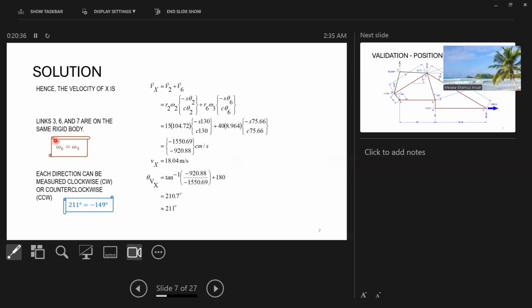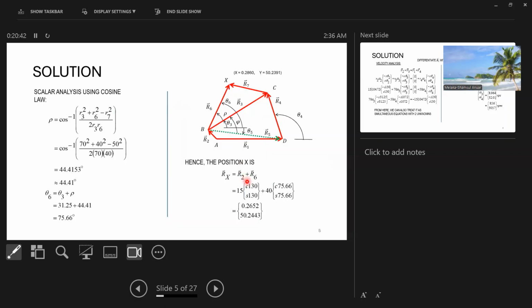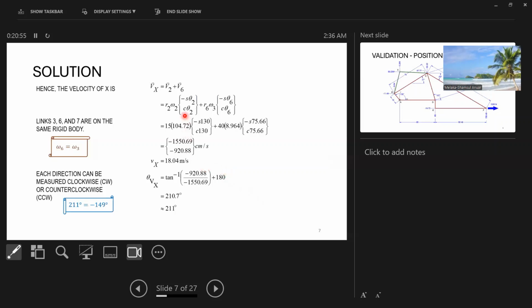Okay, and then for X, you just use this information from here. You want to find Vx, we expand this thing, and we differentiate this part with respect to time, and we got this.